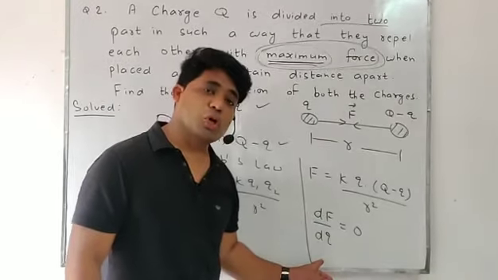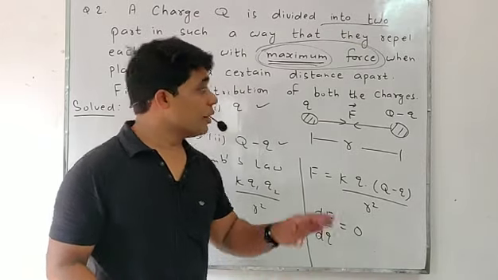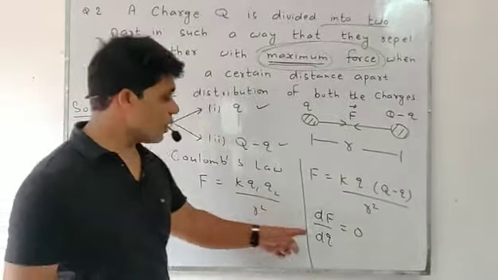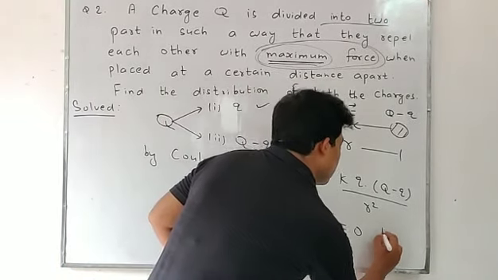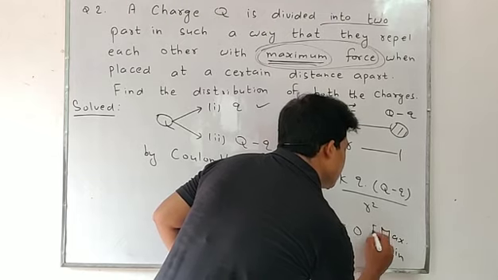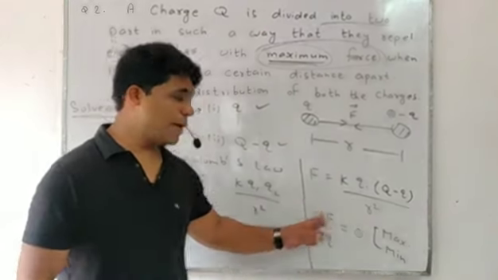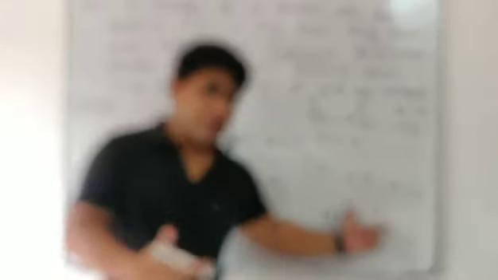Here we are given charge, that's why we'll differentiate with respect to charge. That is the condition for getting maximum or sometimes minimum. So now I'm going to differentiate this term and we'll get the result.